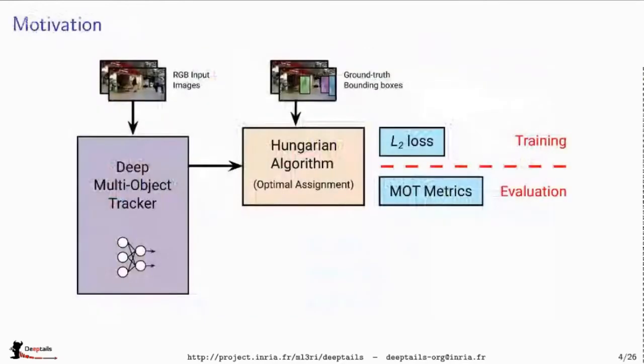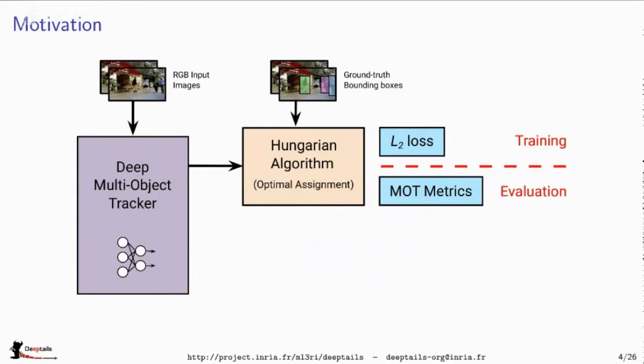Traditionally, deep multi-object trackers take RGB images as input, and they output bounding boxes. Now, these bounding boxes are compared to the ground truth bounding boxes with the Hungarian algorithm, so as to have an optimal assignment.